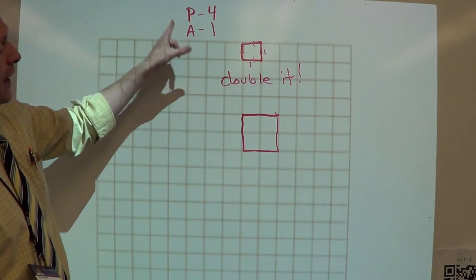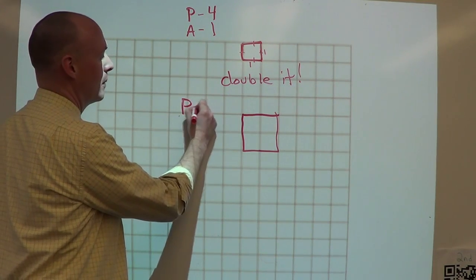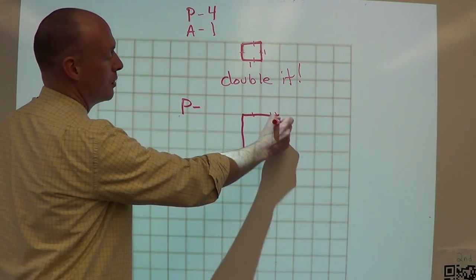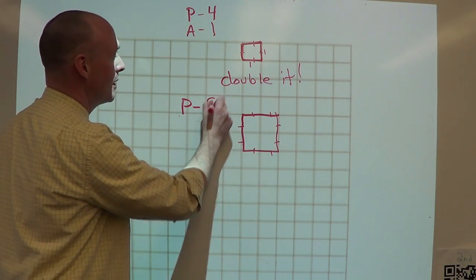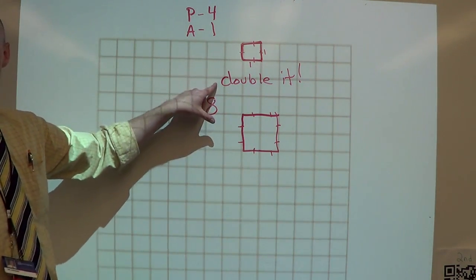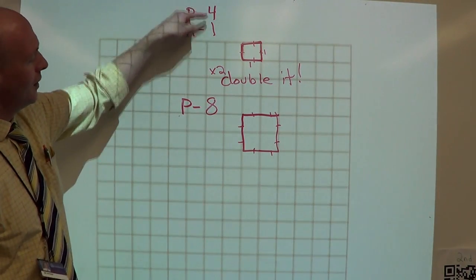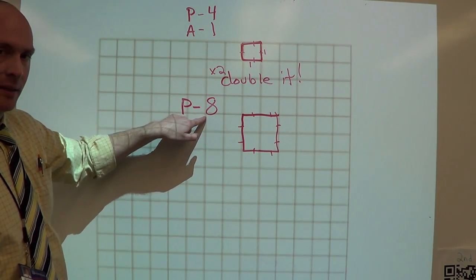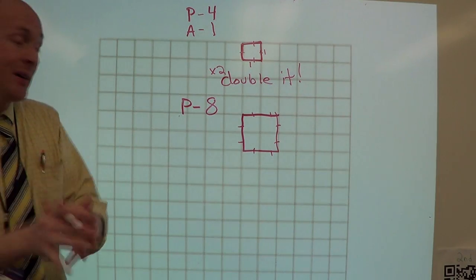Let's see how this affects perimeter and area. My perimeter for my new one is 1, 2, 3, 4, 5, 6, 7, 8. My new perimeter is 8. Get it? We doubled it. And doubling is times 2. 4 times 2 is 8. Easy enough. And I just proved it to you. Let's talk about area.